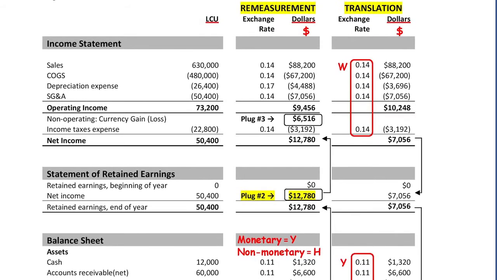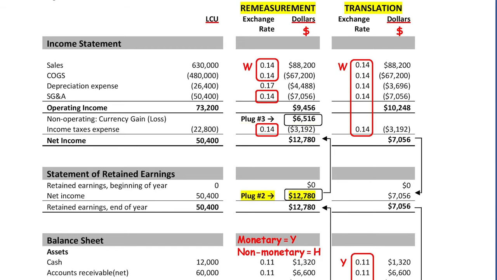Now the net income number flows through to the income statement. Now we have remeasured income statement items using the weighted average rate. So put a box around 14 cents for sales and COGS, 14 cents for SG&A and 14 cents for income tax expense, write W. We've used 17 cents for depreciation expense because that's related to a balance sheet item, PP&E.